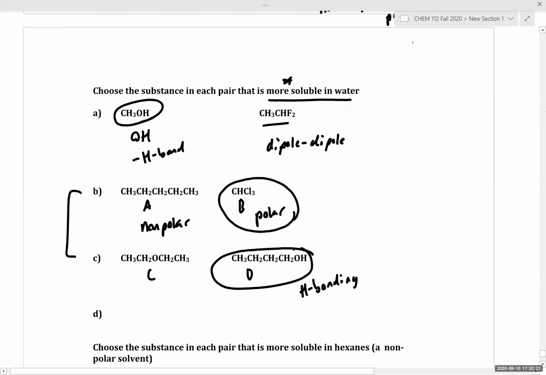This compound, which is known as butanol, is not extremely soluble in water, but it would certainly be more soluble than the diethyl ether, simply because butanol has the same number of carbons, but it can engage in hydrogen bonding, which makes it more likely to associate and dissolve in water because it has stronger intermolecular interactions with water. Got it. Does that make sense? Yeah, thank you. Perfect.